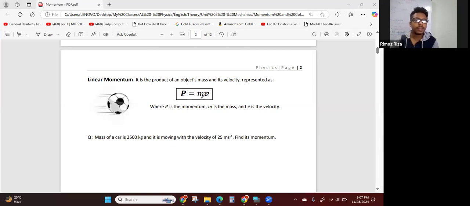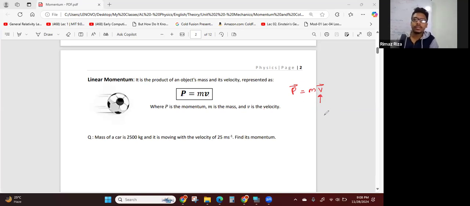But the mass is a scalar. Therefore, the momentum is a vector quantity. So here momentum is given by the mass times velocity, P equals mass times velocity. Here velocity is a vector multiplied by a scalar.